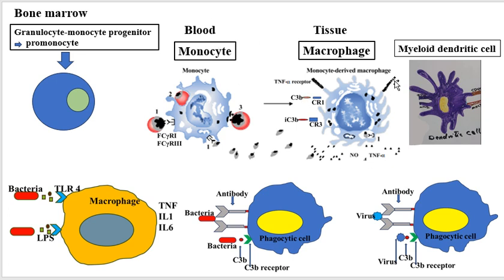They become bigger, enlarged, with more surface molecules, and they differentiate into tissue macrophage, and also have the capacity to give rise to myeloid dendritic cells. Monocytes and macrophages produce very important cytokines, for example, tumor necrosis factor alpha, interleukin 1, interleukin 6, and surface molecules, for example, complement receptor molecule and toll-like receptors molecule.